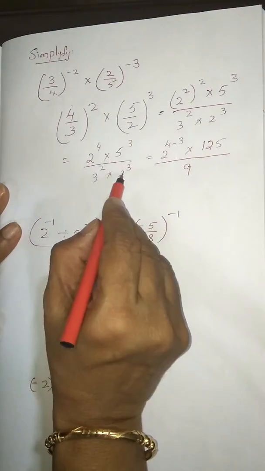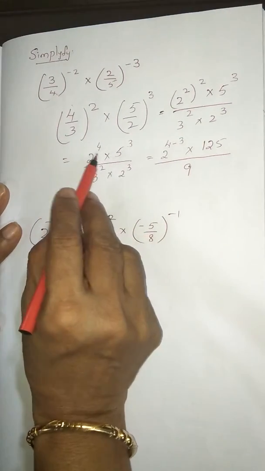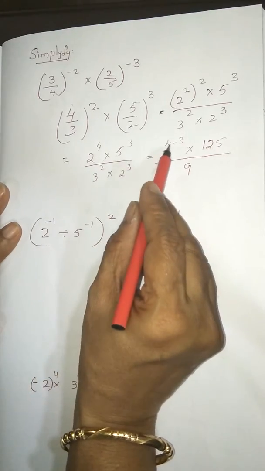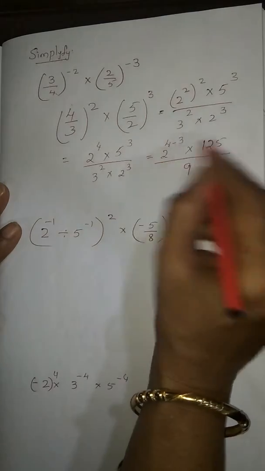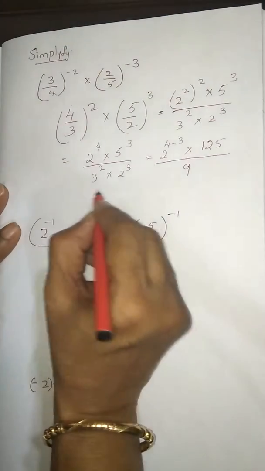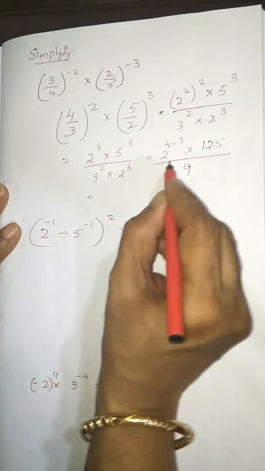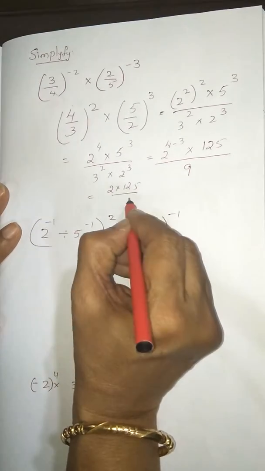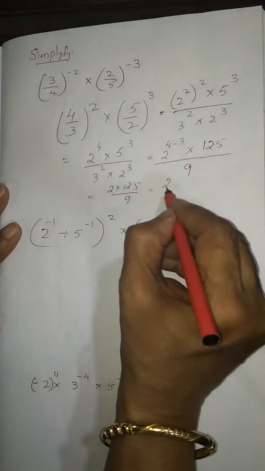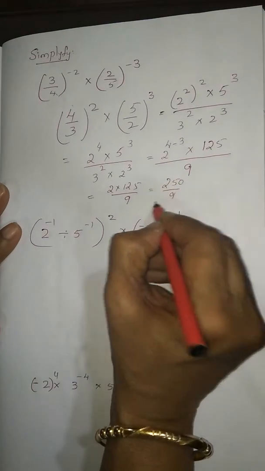So this 2 cube we have simplified here, 2 to the power of 4 minus 3. So we are left with 9 in the denominator. So this will become 2 to the power of 1, 2 into 125 by 9. So this is equal to 250 by 9.